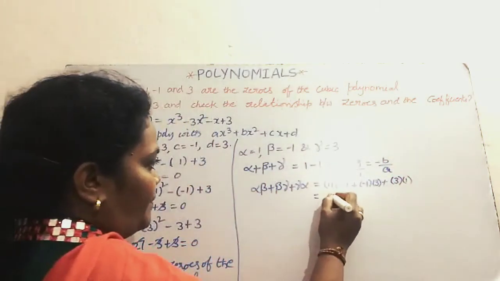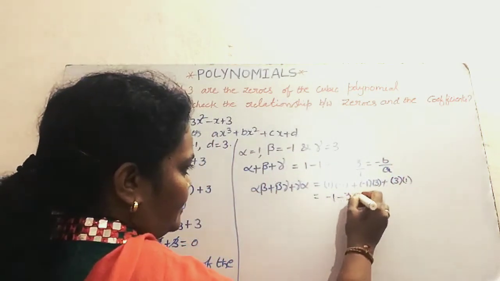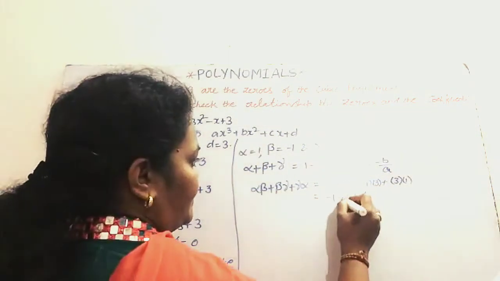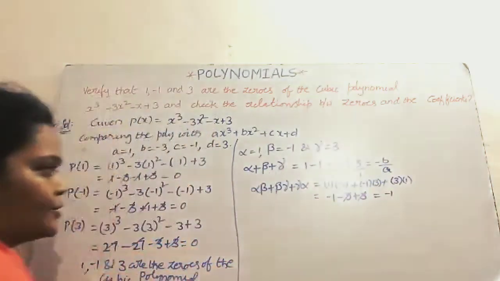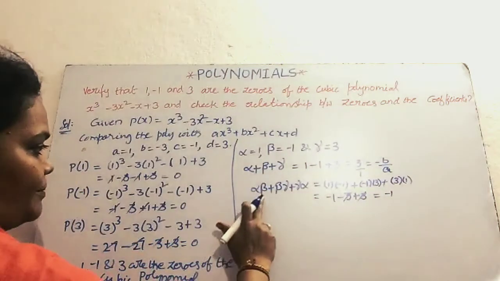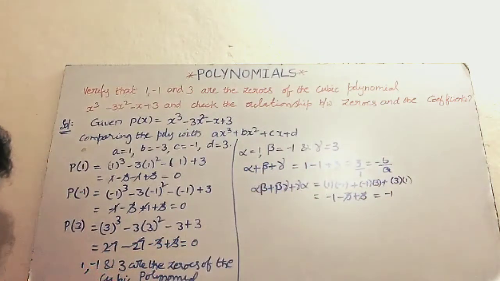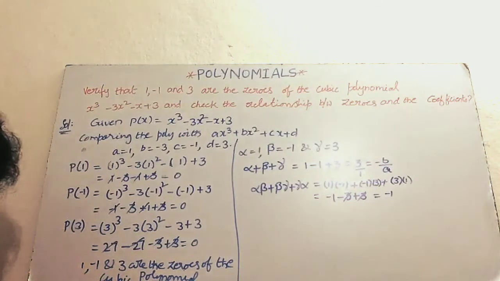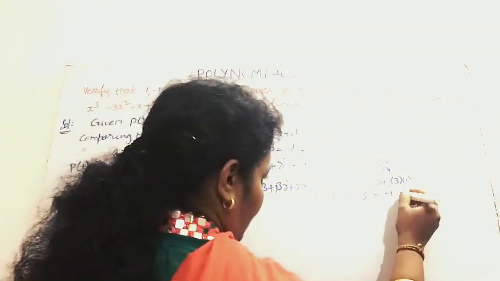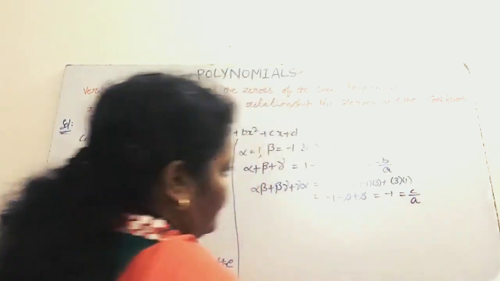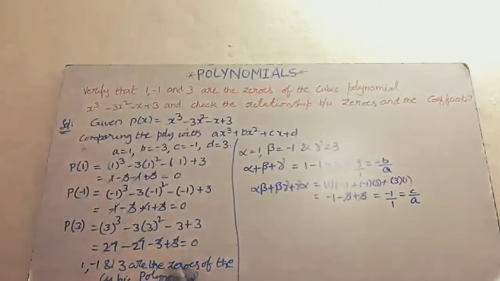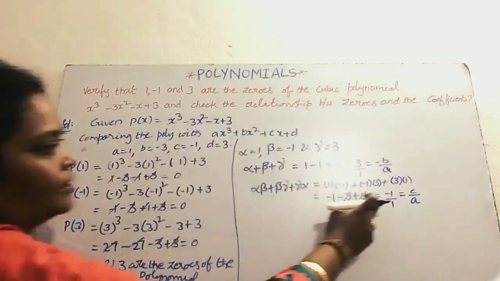So that means minus 1 minus 3 plus 3. So minus 3 plus 3 gets cancelled. That is equal to minus 1. What is the value of alpha beta plus beta gamma plus gamma alpha? That is equal to C by A. So here also A equal to 1 and C equal to minus 1.